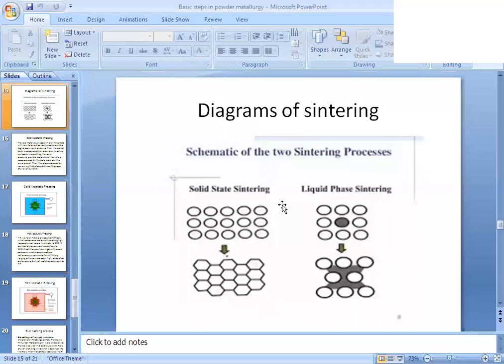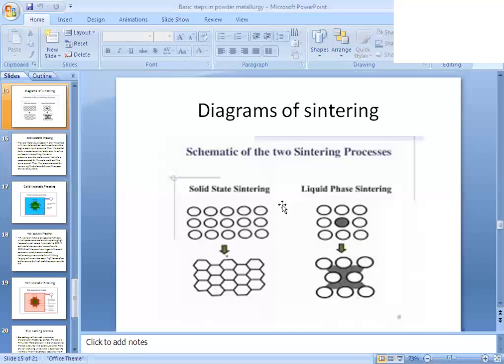In the slide there are two diagrams: one is solid state sintering and the other is liquid phase sintering. Both normally happen in the sintering process. For solid state sintering, look at the left image. The atoms, or powder particles, are freely suspended, with no contact with each other.